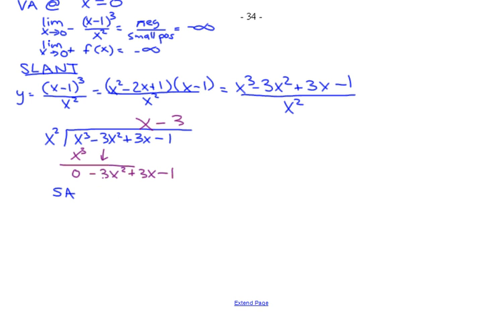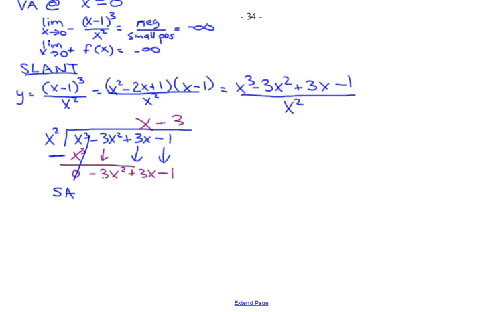Okay, so we go, what times x will give you x cubed? We figured this out because we know we need to make this cancel out. So something times x squared has to give us x cubed. That something has to be x. x times x squared. So then we subtract these and I bring down the rest of them. Now I want to get rid of this guy. What times x squared gives me negative 3x squared?